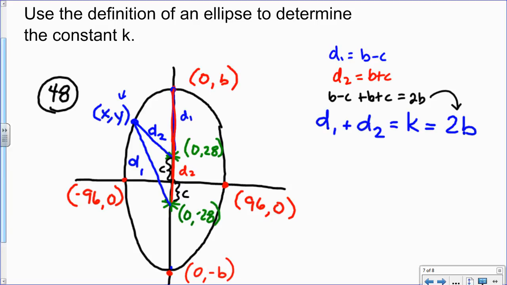That is how we get that k is equal to 2b. That only works because b is where the major axis is. If the major axis were horizontal, then k would equal 2a. So it works from the major axis. We will stop there and actually find what b and k are tomorrow.